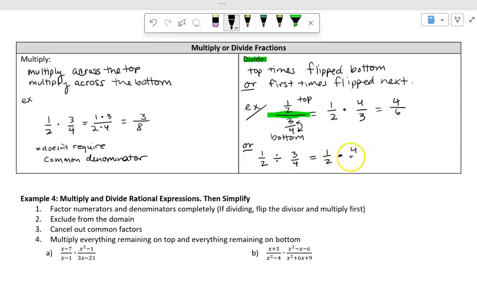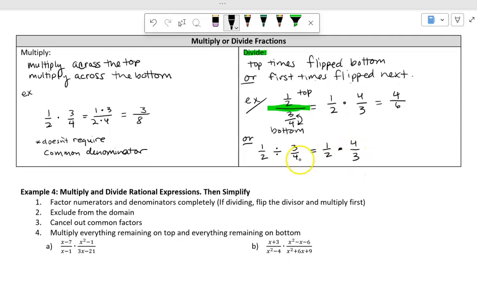Flipped next. So we flip this when we multiply. Then we get the same answer. Across the top is 4, across the bottom is 6. Point is, division can be a fraction or a division symbol. They both mean the same thing. Either way, it's top times flipped bottom or first times flipped next, where you multiply across the top and you multiply across the bottom.